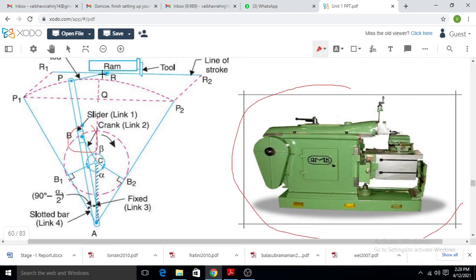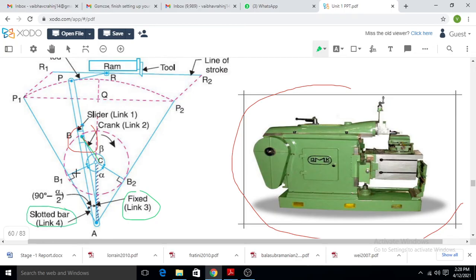Okay, if we see here, this B is a slider, and this slider is called link number 1. The link number 2 is the crank. This rod, I will mark it with the green pen. This B to C is called the crank, and this is link number 2. Here is a fixed link. This is link number 3, which is fixed, and link 4 is a slotted bar.